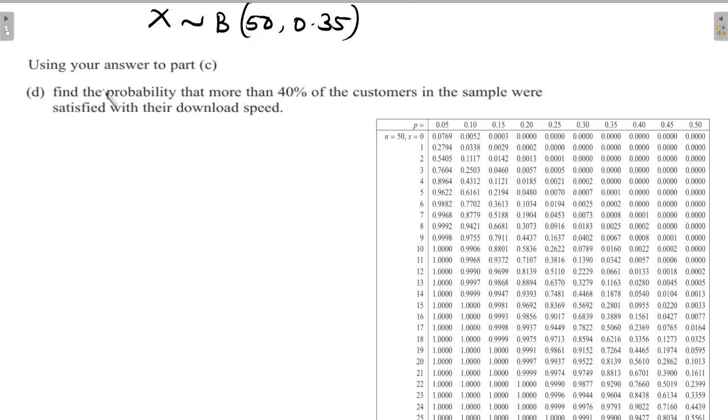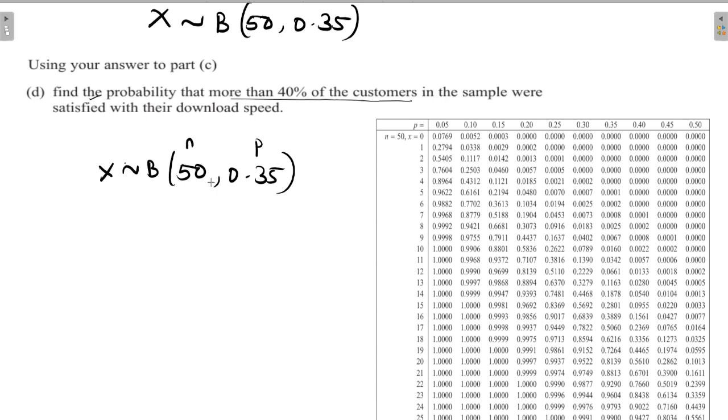See the last part. Using your answer to part C, X is binomially distributed 50, 0.35. These two values are n equals 50 and probability 0.35. Find the probability that more than 40% of the customers.